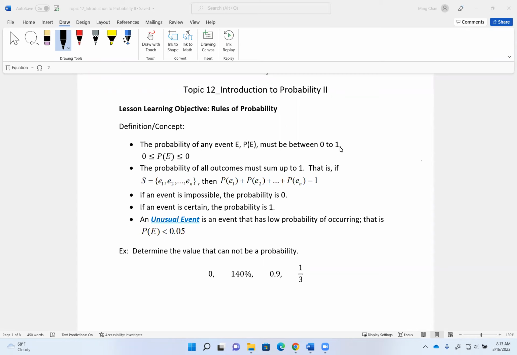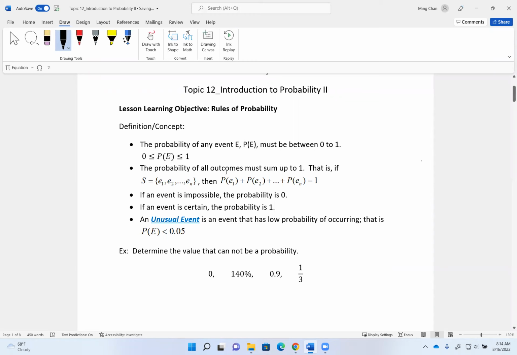The decimal notation of 100% is 1. So all probability has to be between 0 and 1. That's what this notation is saying.